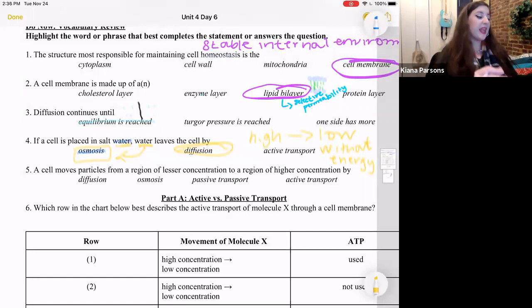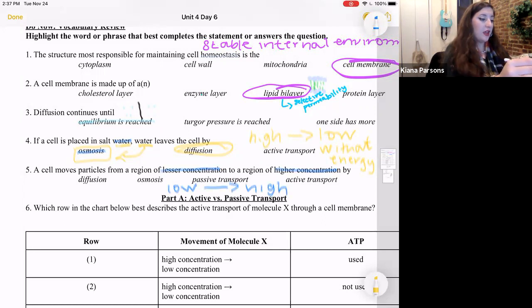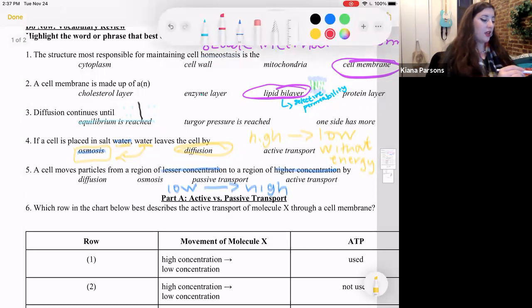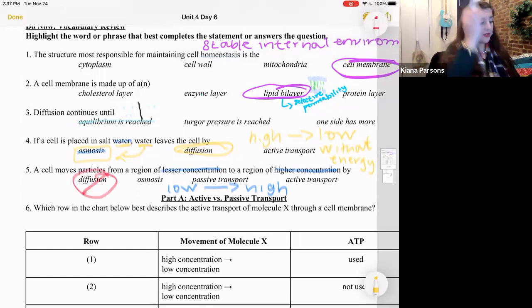All right, a cell moves particles from a region of lesser concentration to a region of higher concentration. So from low to high, so we know it's not diffusion, right? Because diffusion is the opposite. It's from high to low.